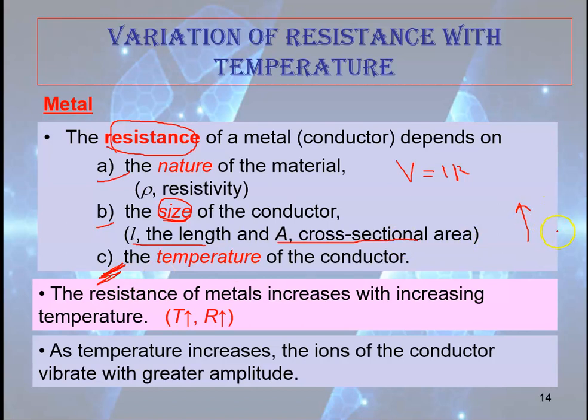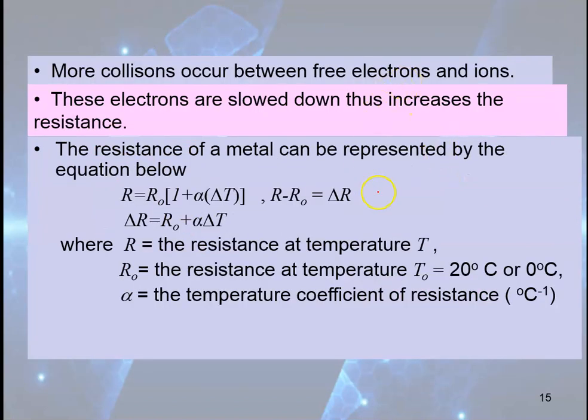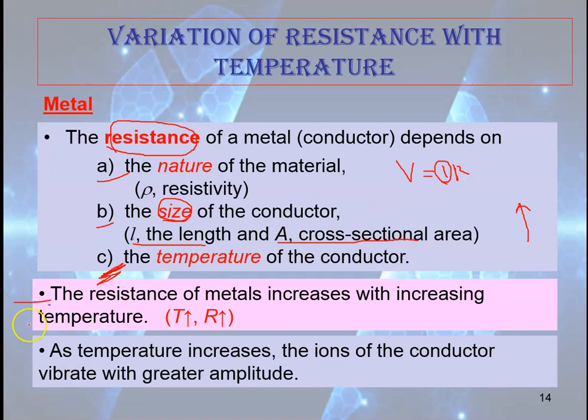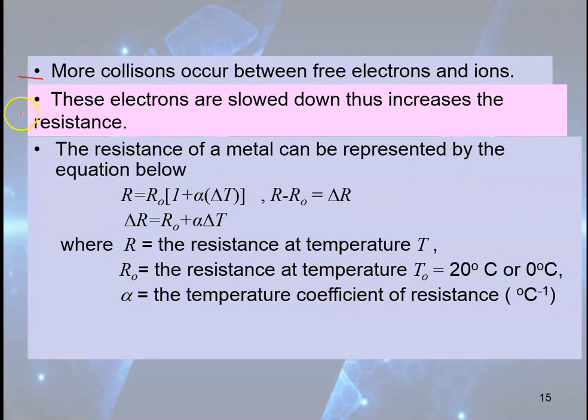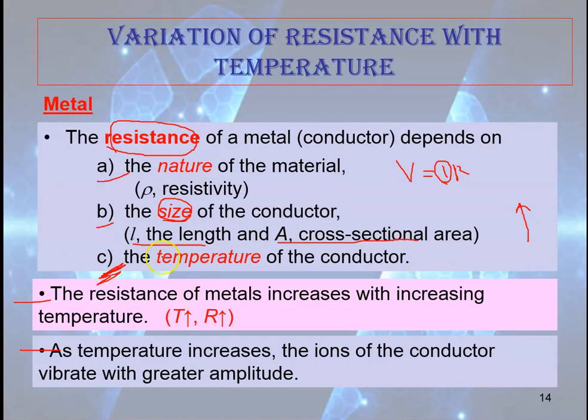When the resistance is higher, then the value of I is lower. So you can read these 3 points that I provide to you. This is actually more of an explanation of these 3 basic points. You can read more on this, or you can also find your own source for the description or explanation of these 3.